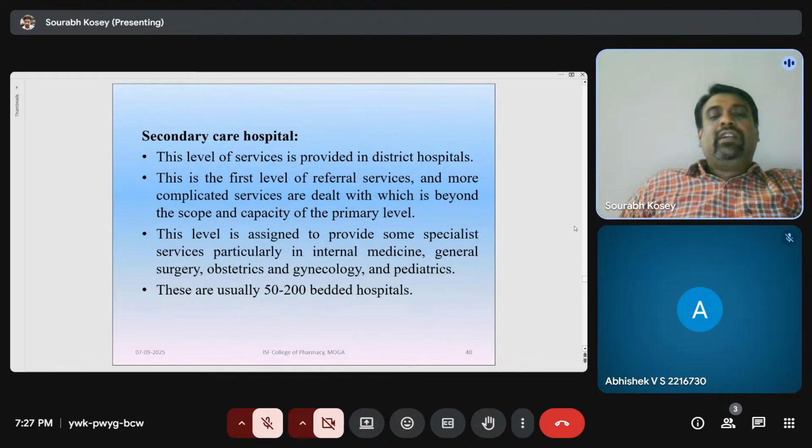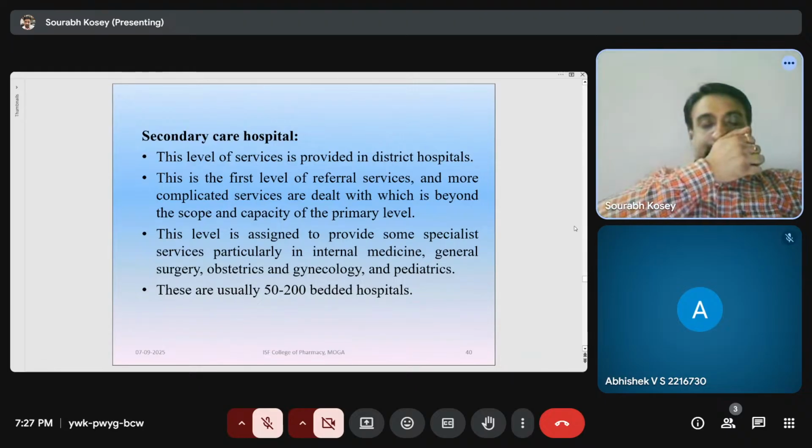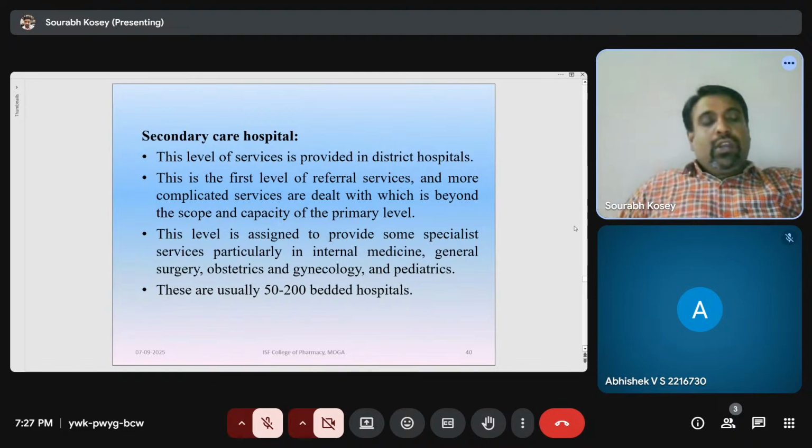This level is assigned to provide some specialist services, where you see general medicine, gynecology, pediatrics, geriatrics, gastroenterology, hepatitis, hypertension, diabetes, angina pectoris, myocardial infarction, or in ophthalmology, conjunctivitis, glaucoma, pink eye, and many more diseases.